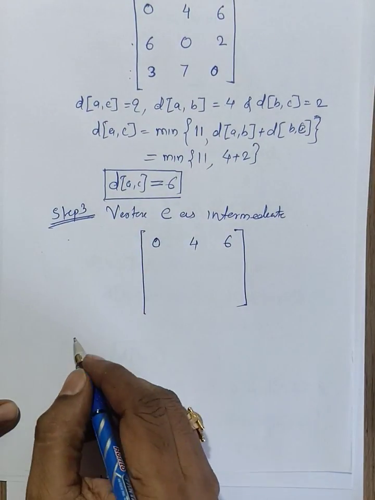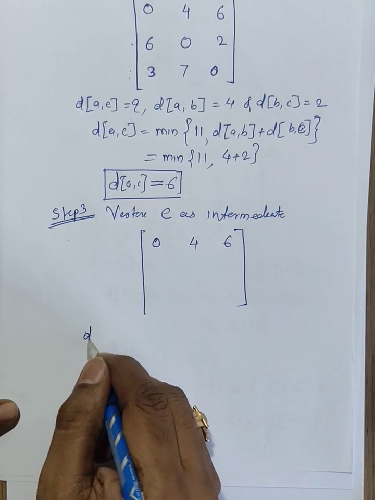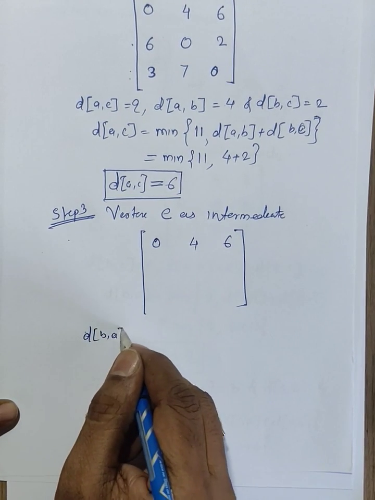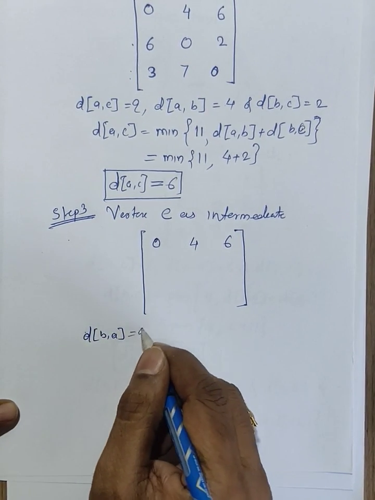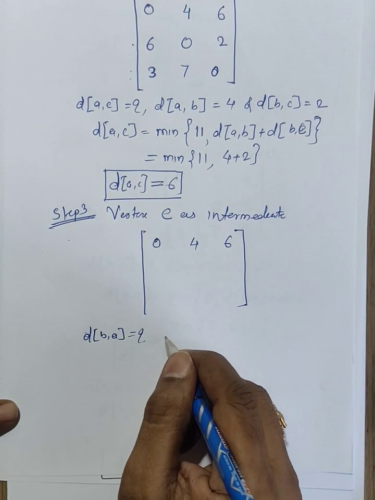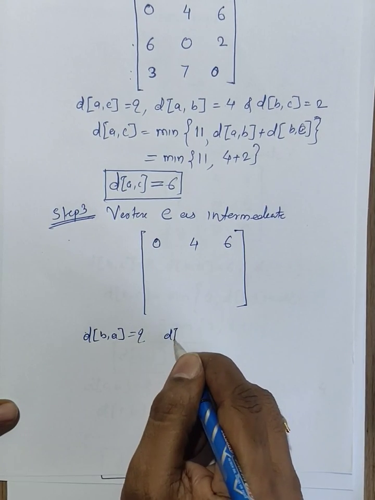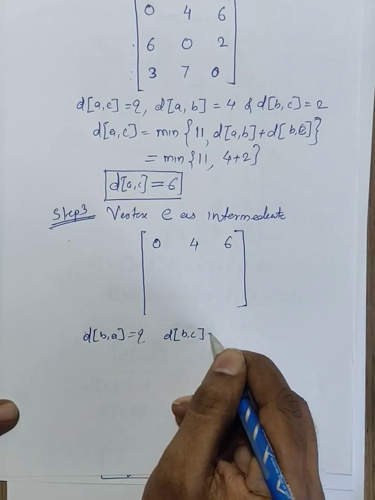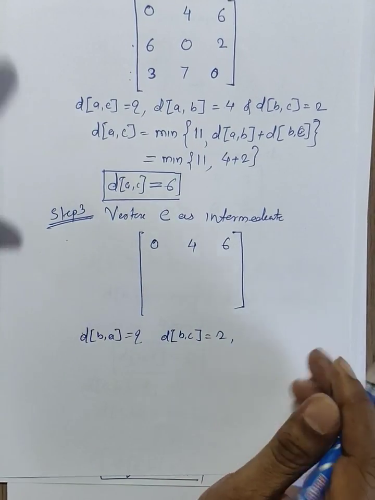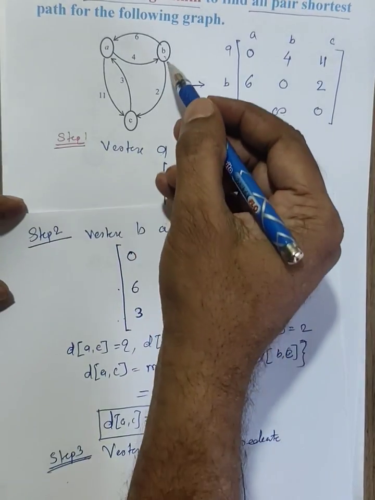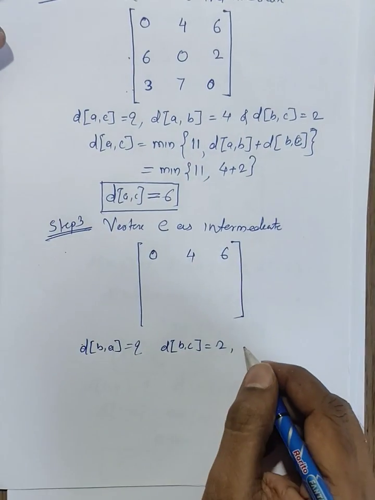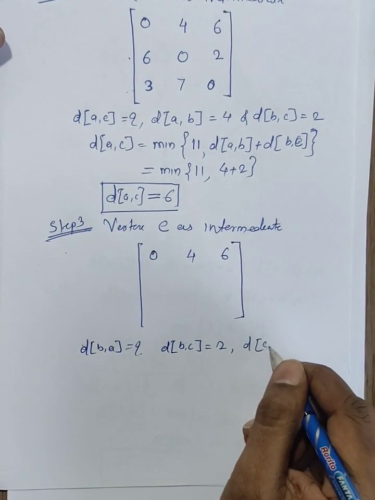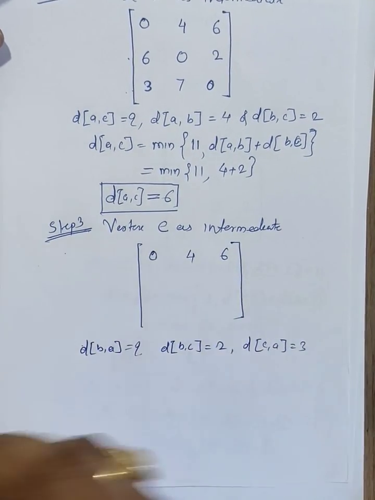We have to find distance B to A using C. Previous distance B to C is 2 and C to A distance is 3.